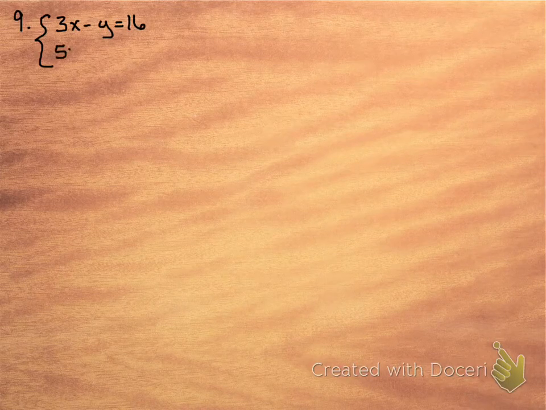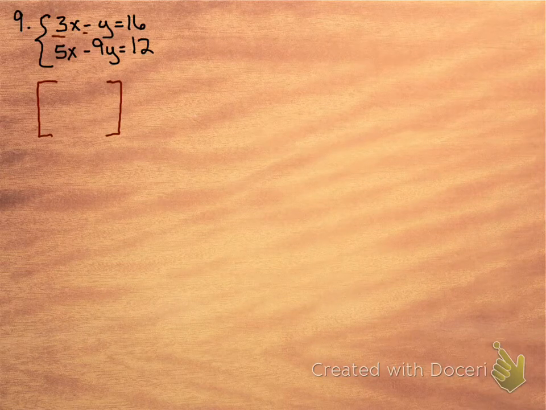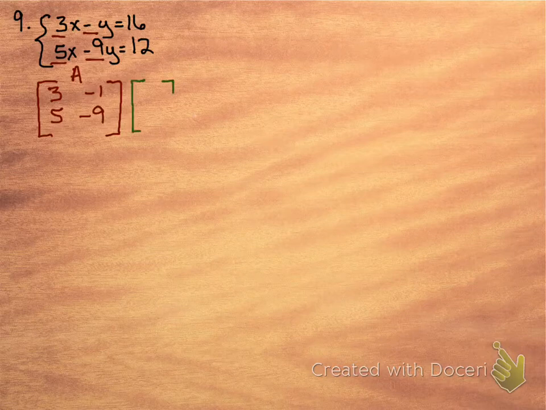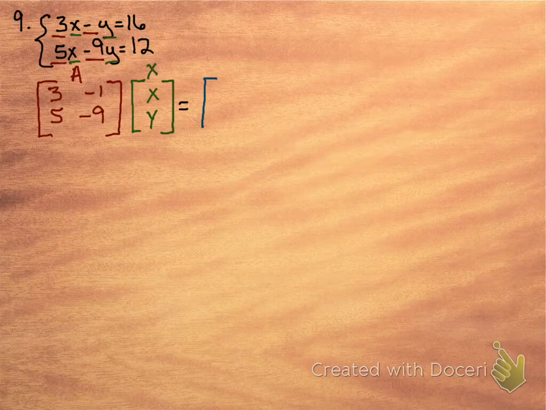Number 9, and on number 9 you will notice that on your worksheet, when it breaks out the first numbers on the coefficient matrix, they had a misprint on that first matrix. On your paper it says 2, -1, 5, -9.